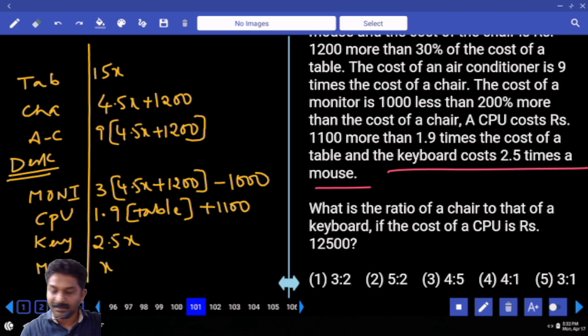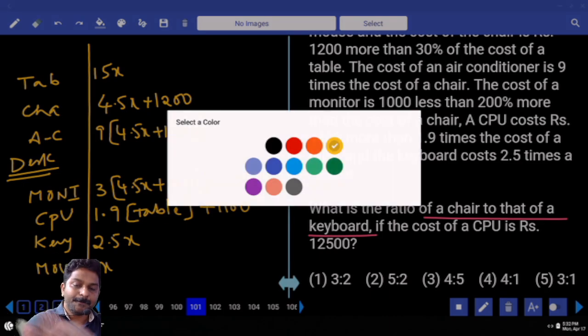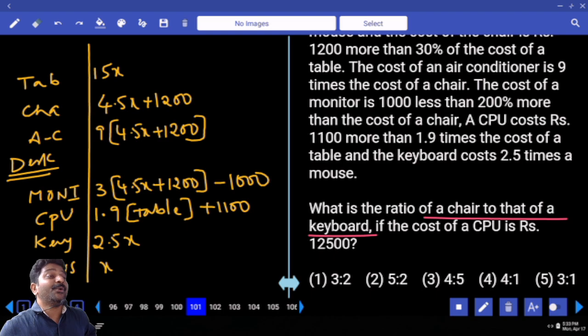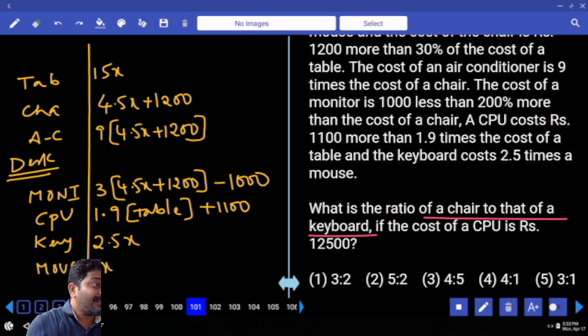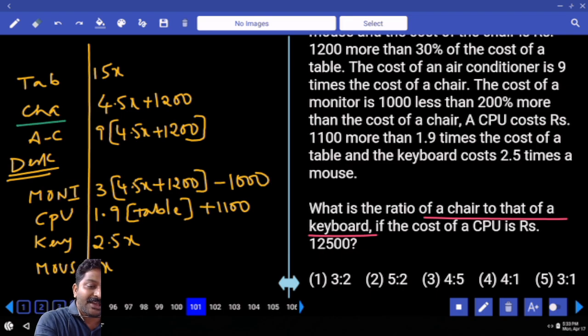Understood? What is the ratio of the chair to the keyboard? Sometimes they say the CPU is 3 times the chair, or the table is 9 times the chair, something like that is given. Now it is about the chair and the keyboard.